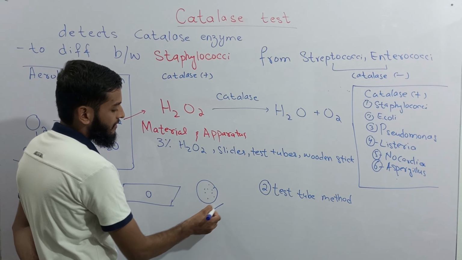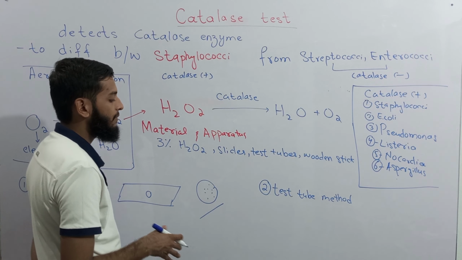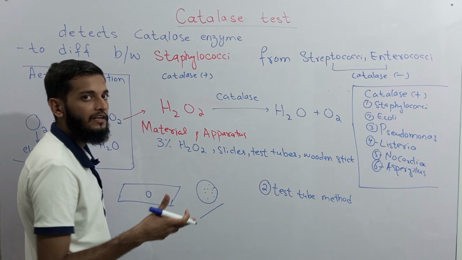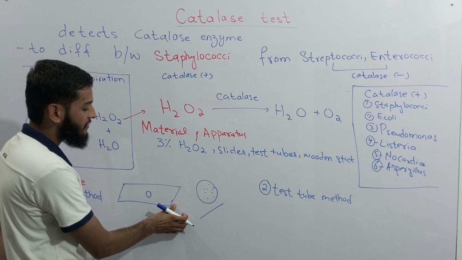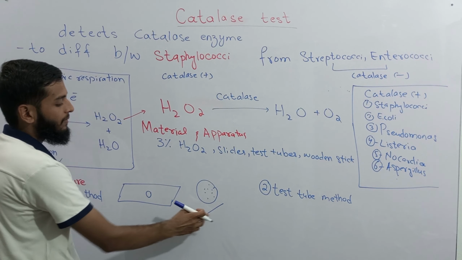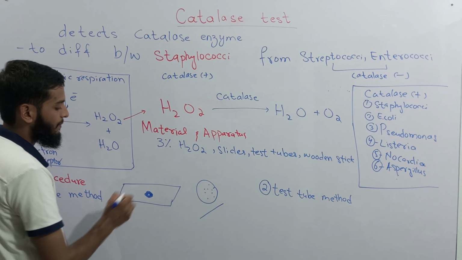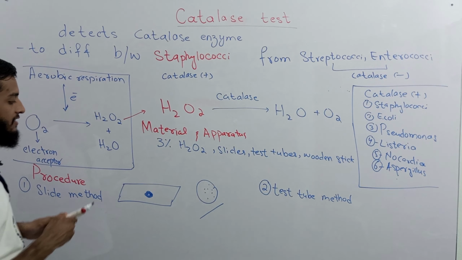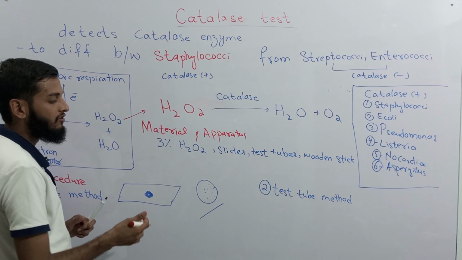We're not using a wire loop over here because iron can result in an oxidation redox reaction and give a false positive result. So we will use a wooden stick in this method. We'll pick a colony of bacteria and mix it with the water. Then in the third step, we will add a few drops of hydrogen peroxide.